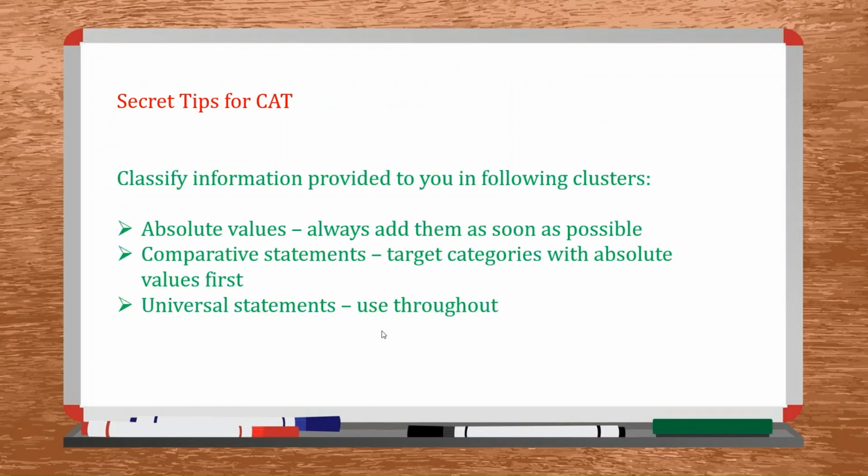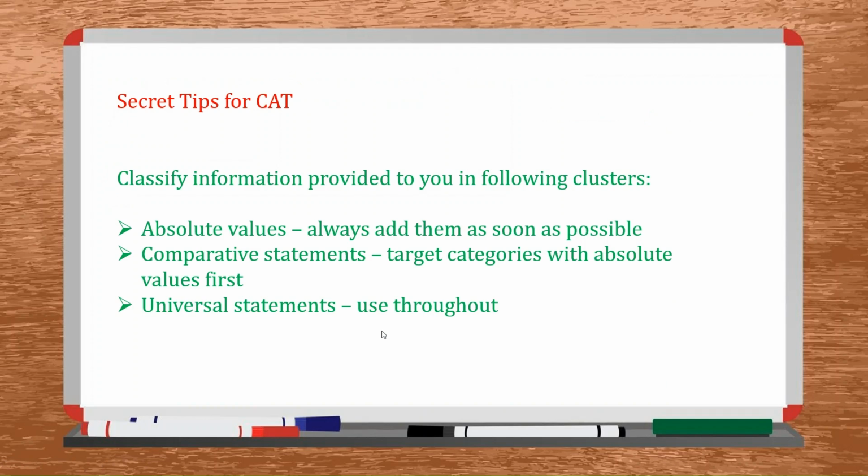So what did we learn from this particular problem? Categorizing information, classifying it into different clusters, is an important trick for such problems. We can categorize it into 3 categories. First is the absolute value statements, which give you some concrete information regarding the values directly. Always add these values as soon as possible.